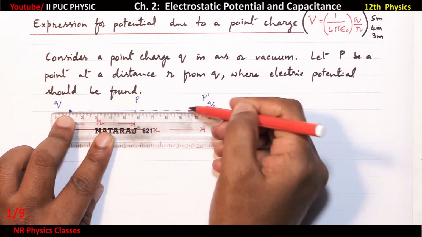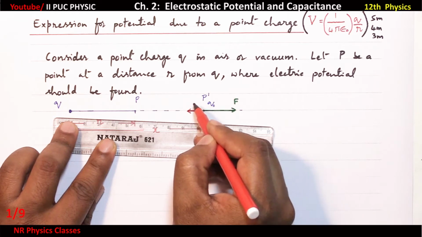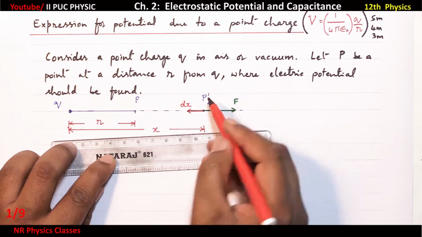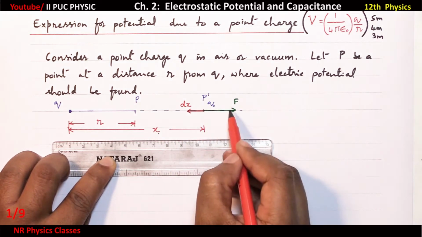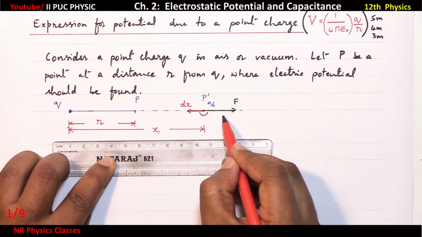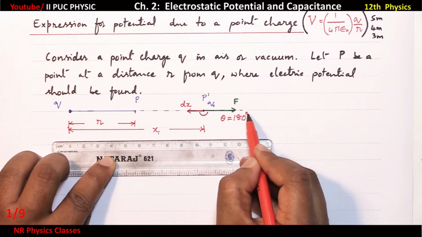This is the displacement of Q0. This displacement is dx. If this distance is x, let this be a small displacement dx. The angle between force and displacement is 180 degrees. Theta equals 180 degrees.